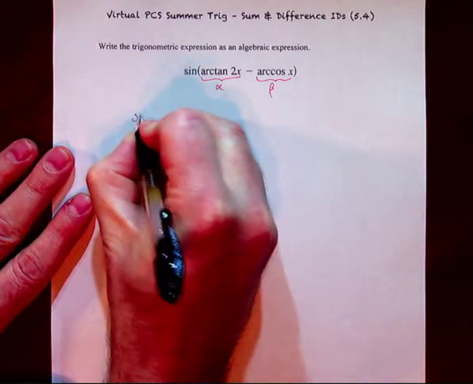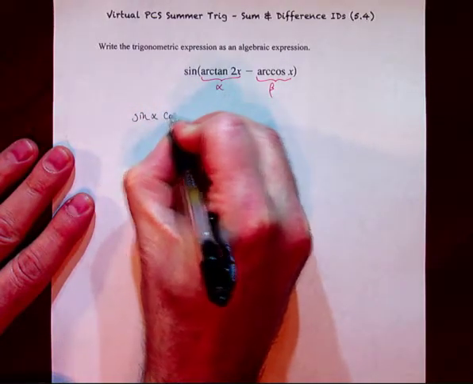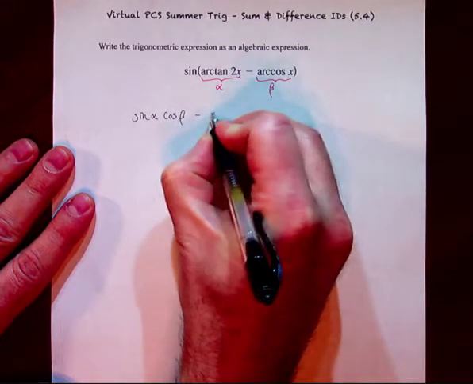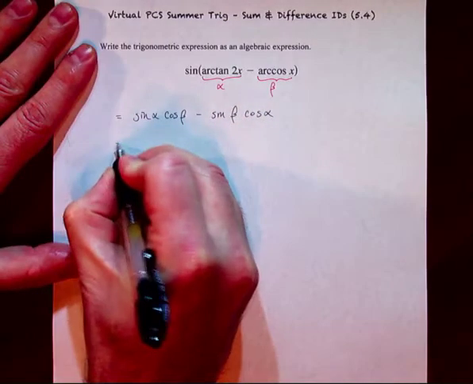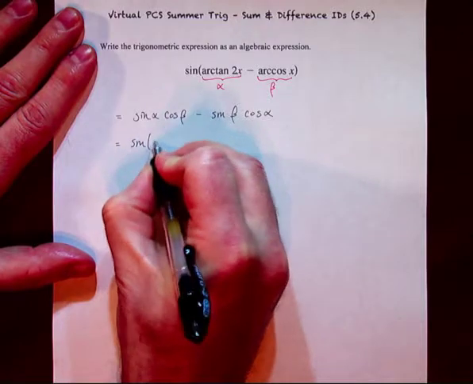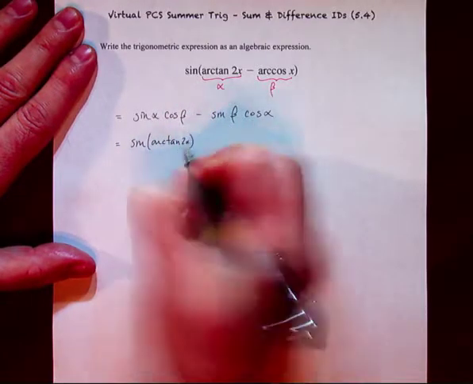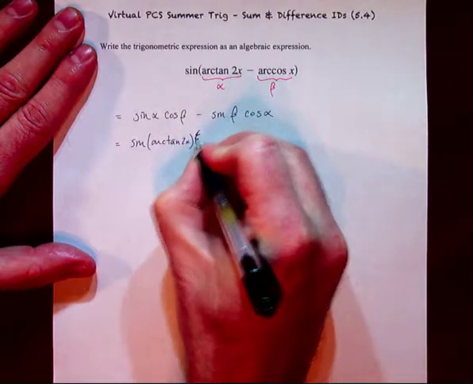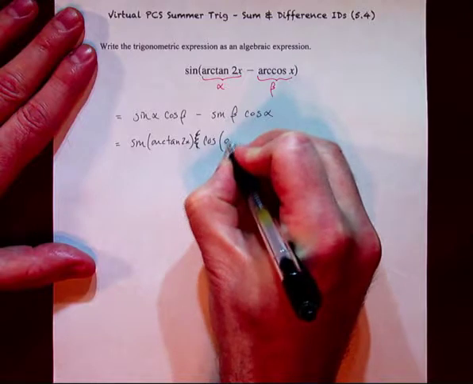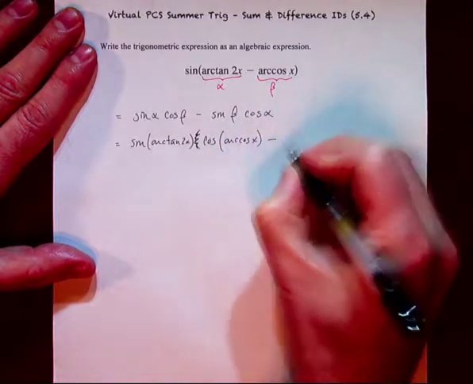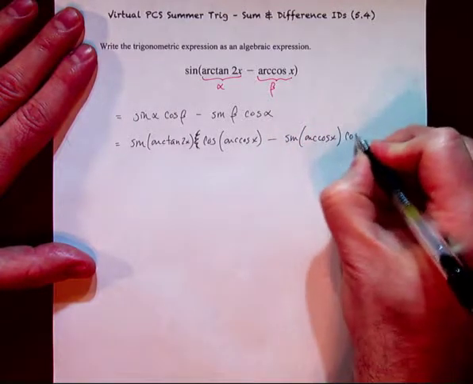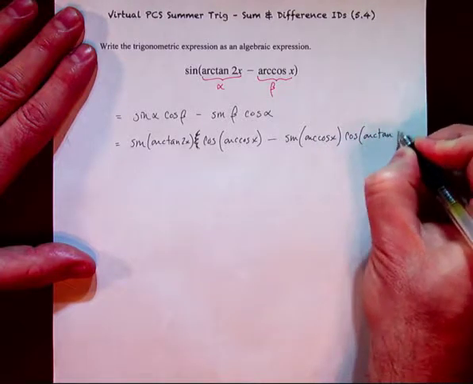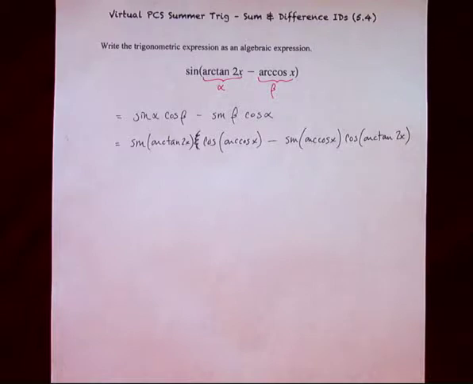And so if we have sine of alpha cosine of beta minus sine of beta cosine of alpha, and if you want to write it out like that first, before you go back to arctan of 2x, this winds up being sine of arctan of 2x times cosine of arccosine of x minus sine of arccosine of x times cosine of arctan of 2x.